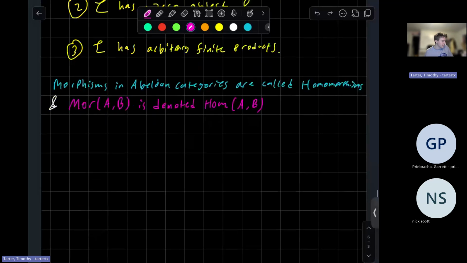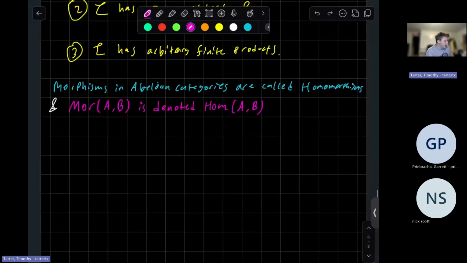Abelian is a special case of additive. A functor between additive categories preserving the additive structure of hom is called an additive functor. Usually we take this for granted.